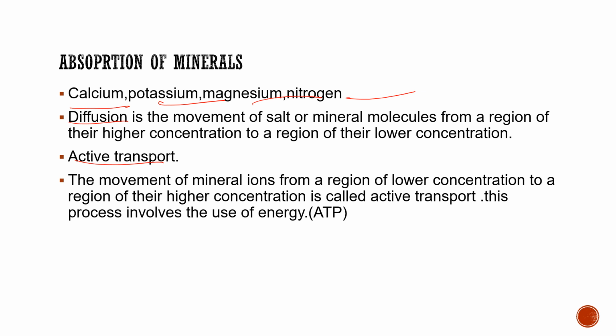This movement of molecules from a region of higher concentration to lower concentration is not through a semi-permeable membrane. Diffusion is the movement of salts and minerals from a region of higher concentration to a region of lower concentration. So thus these minerals are transported from the soil to the root hairs.